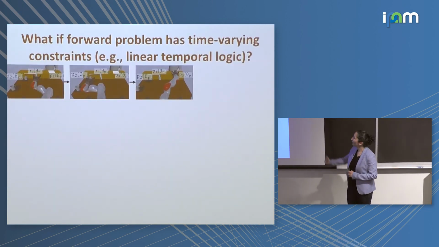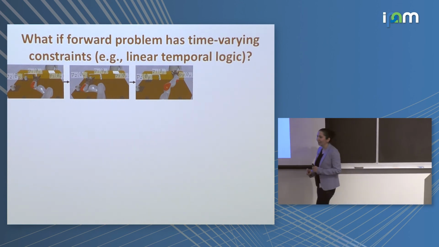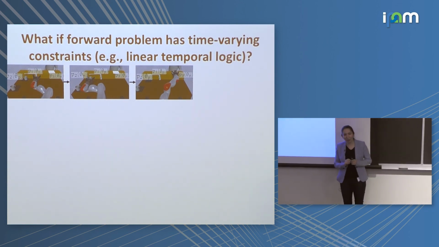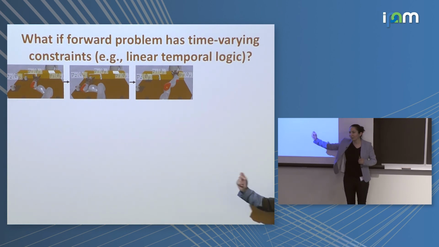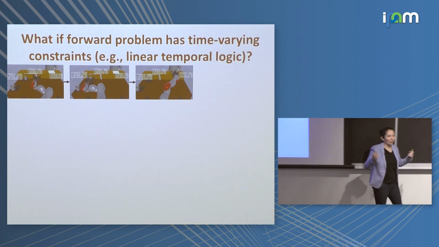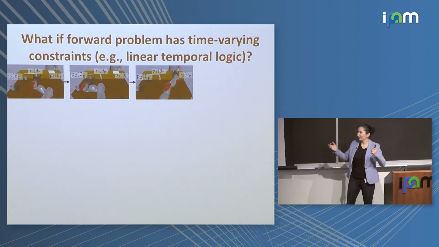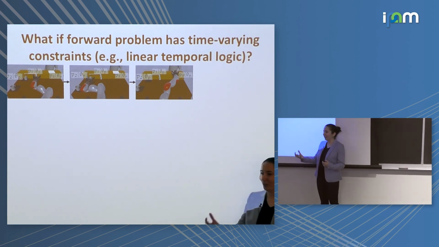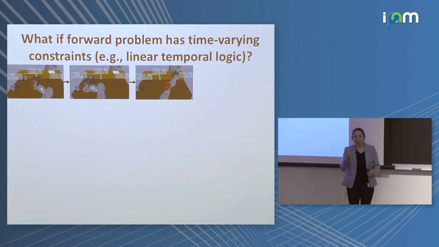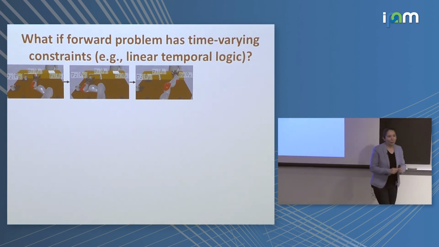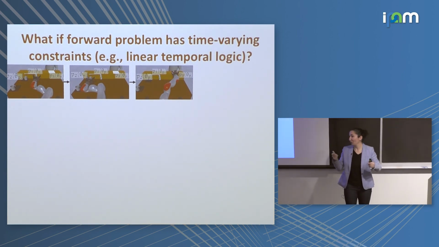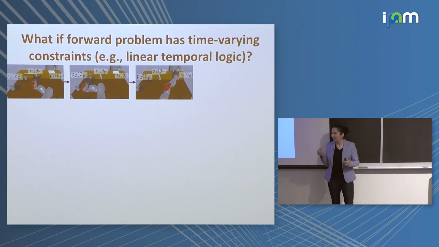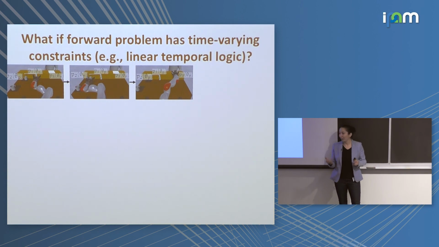So we tried doing this for time-varying constraints, and things got a little strange there, because now your forward problem has integer parameters. So what it means to be locally optimal versus globally optimal is meaningful. Locally optimal is a little fishy. If you just say, I am locally optimal for all fixed values of my integer variables, it's not enough information.